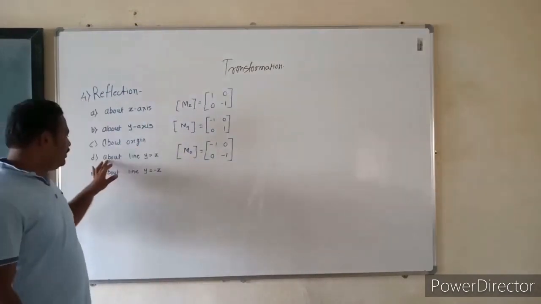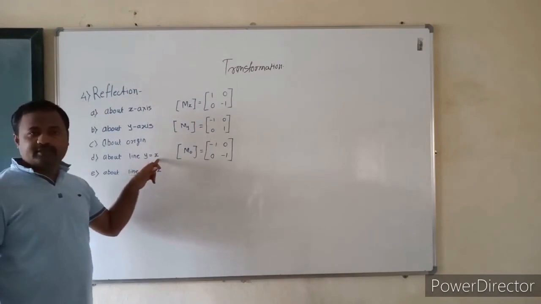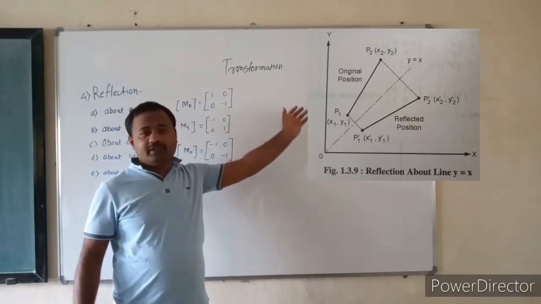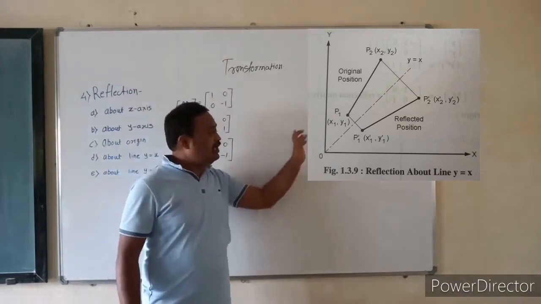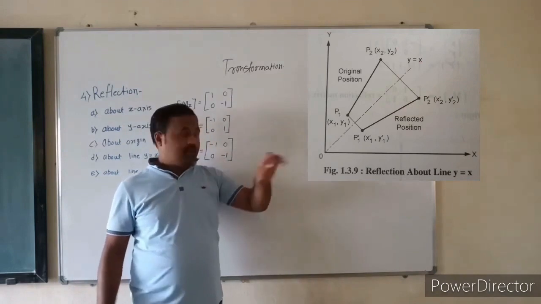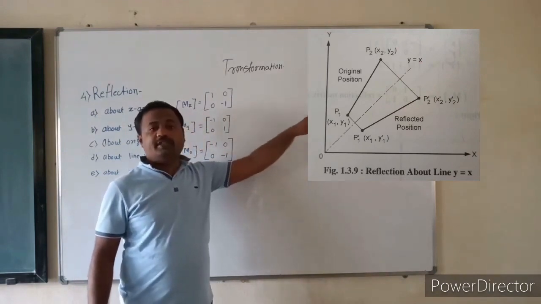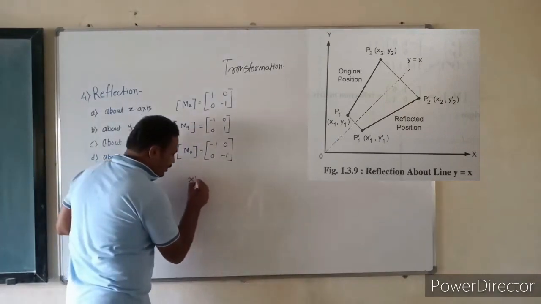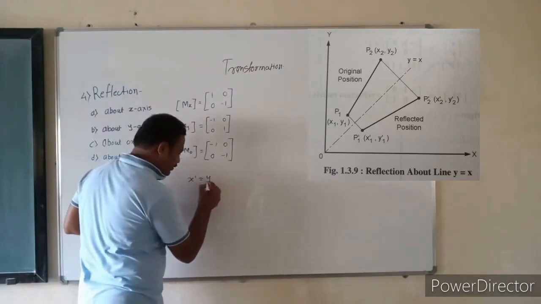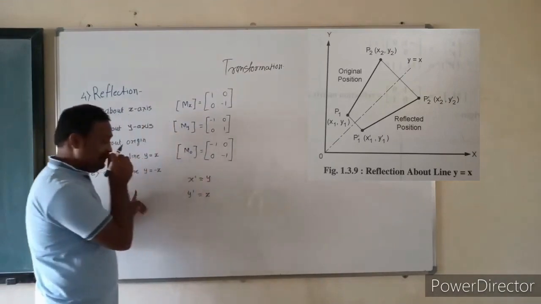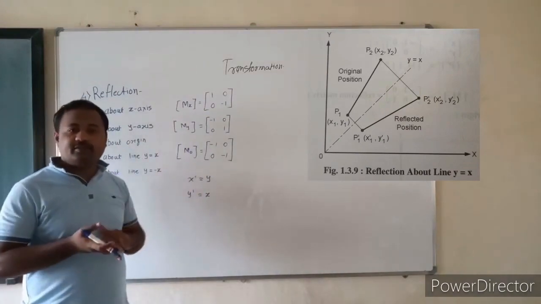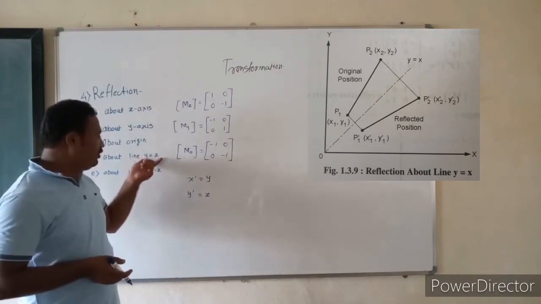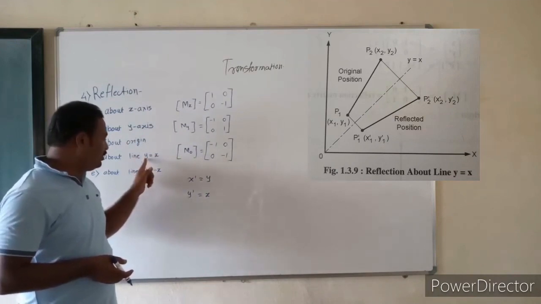Okay, for reflection about the line y is equal to x.